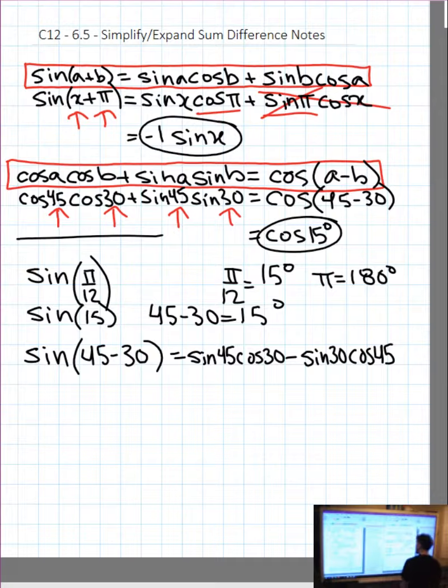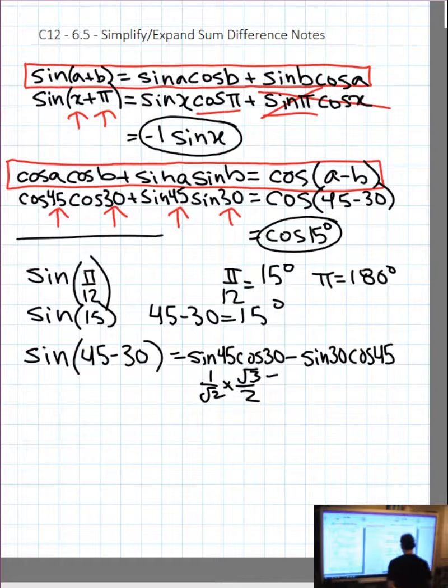So I know from the intro to trig, sine of 45 is 1 over root 2, special triangles, look it up. Cosine of 30 is the adjacent, and I know opposite of the 30 is the 1. So therefore, the adjacent is root 3 over 2.